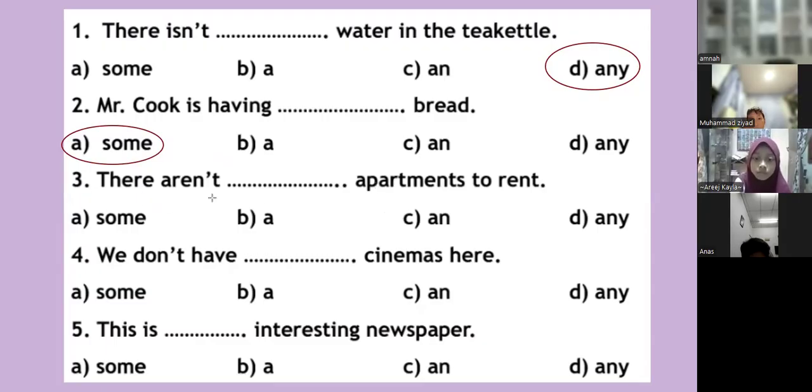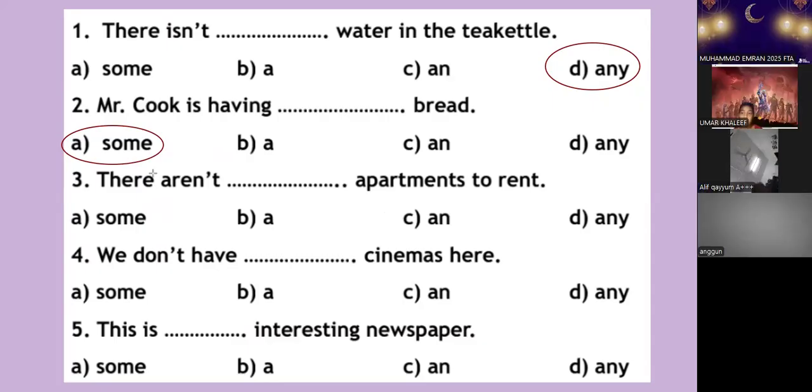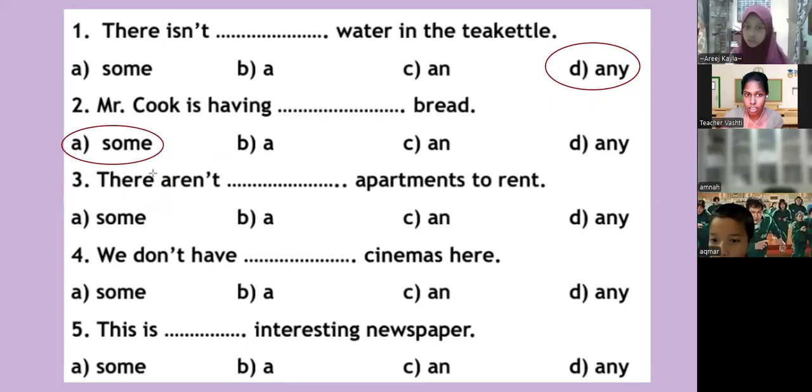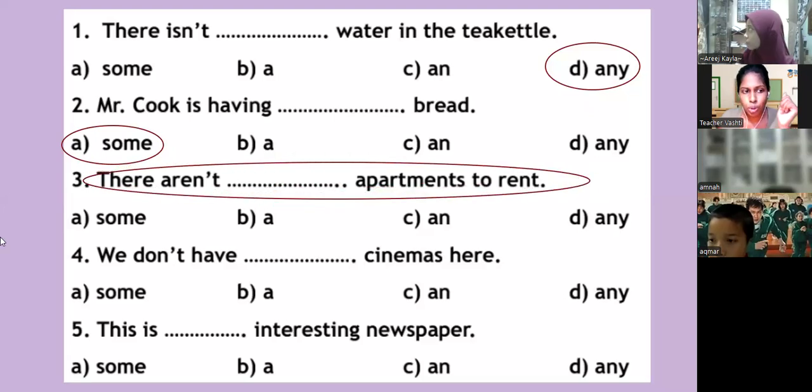Negative. Bagaimana kamu tahu negatif? Because it's a. Okay, read the sentence. There aren't apartments to rent. How do you know this sentence is negative?